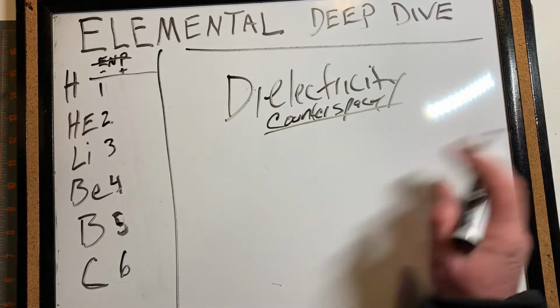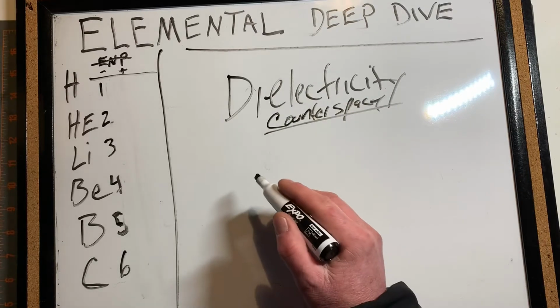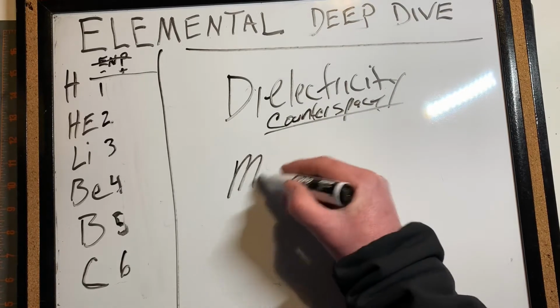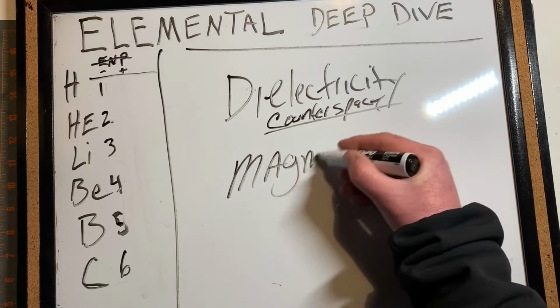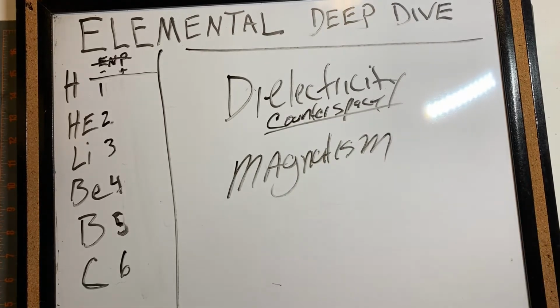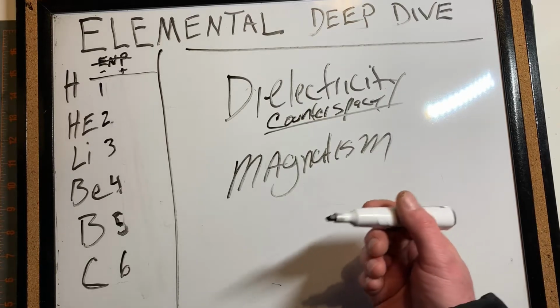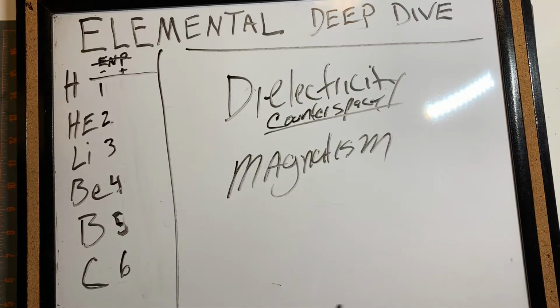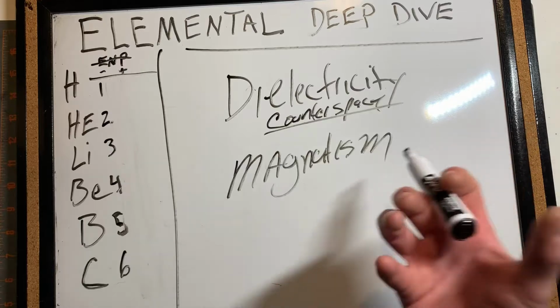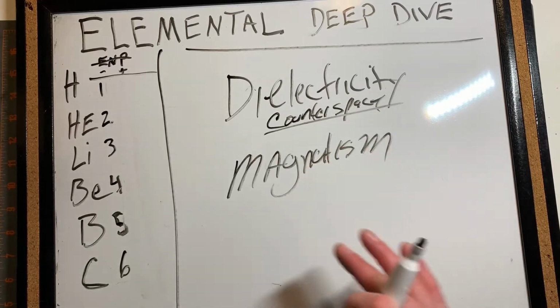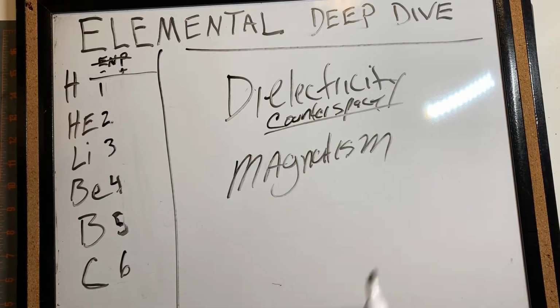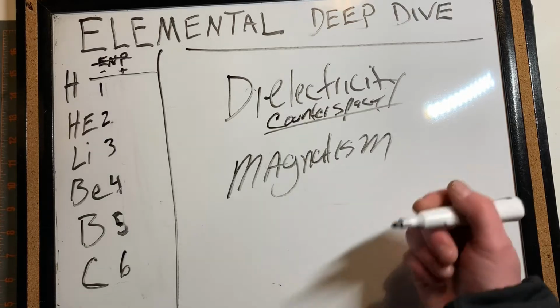The second force of the universe is magnetism. So magnetism is kind of like this ability to displace the dielectricity. If you can imagine a magnet and you look at it through some sort of viewing film, or you're looking at this magnet under some ferrofluid, right?